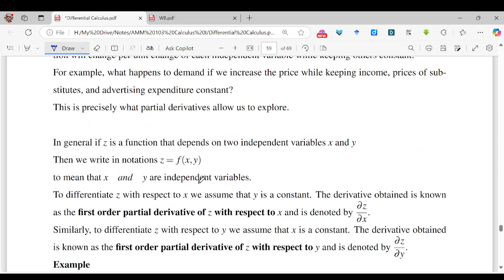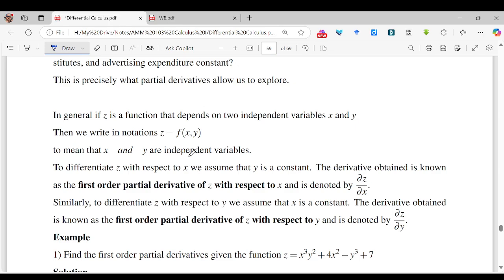So in general, if z is a function that depends on two independent variables, x and y, then we shall write in notation that z equals f(x, y), to mean that x and y are independent variables. So to differentiate z with respect to x, we shall assume that y remains constant at that particular instant when x is changing.